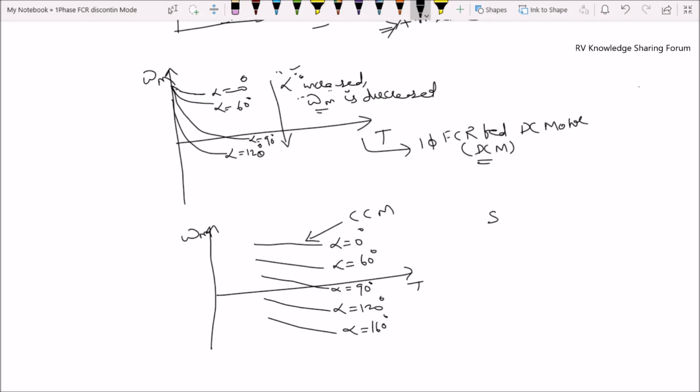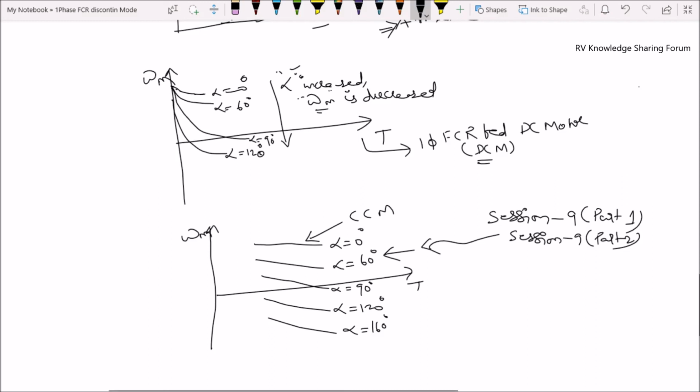We made this analysis in session 9 part 1 and part 2. Now in this session, let me draw the discontinuous conduction mode in a different color. This is a little bit thicker, so let me use some other color.